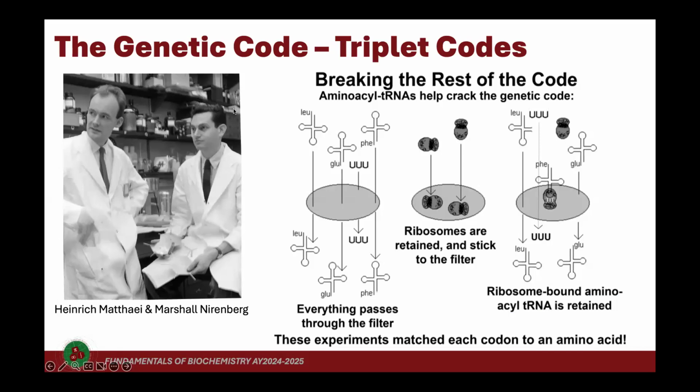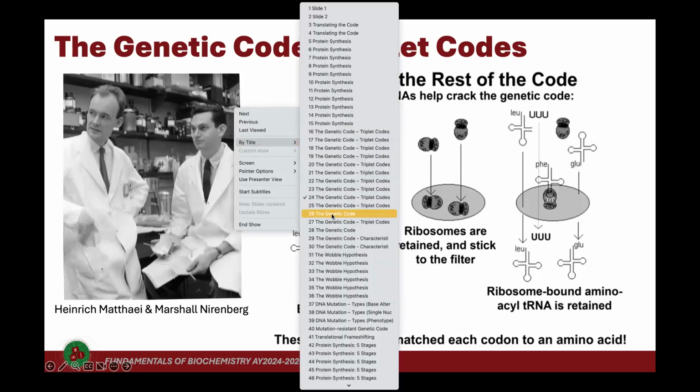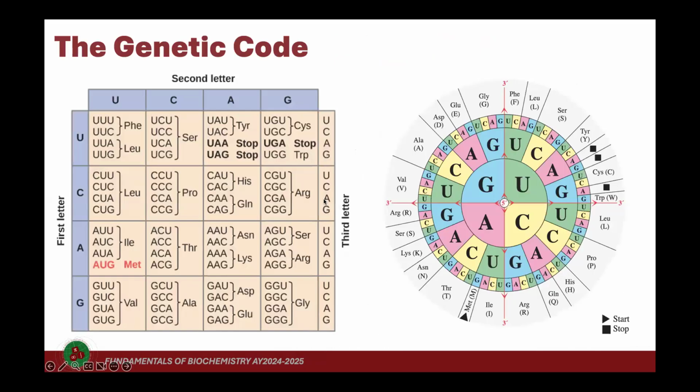Okay. And then by then they were able to establish the genetic code. Okay. So the genetic code is triplet, meaning it has 3 nucleotides. And the sequence of these nucleotides are important.